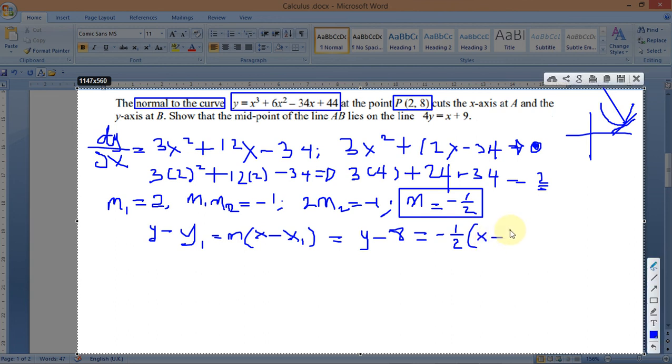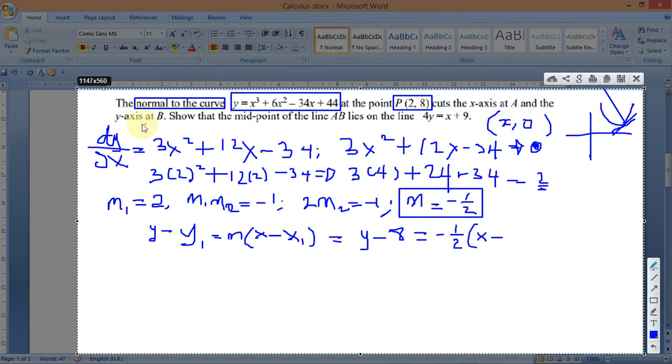At this point, the best thing is to find the general equation first. If I find the general equation, I should be able to complete it accordingly. That is the best thing for us to do now, because if you look at this, it says it cuts the x-axis at point A. The x-axis means that y is 0, so I have a value for x where y equals 0.